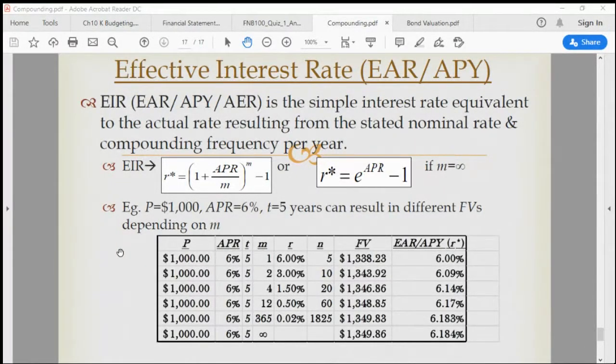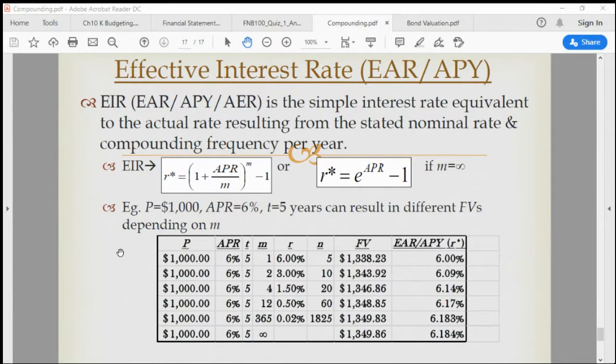Now, APY stands for annual percentage yield. And that term is as opposed to APR, annual percentage rate. So how are these two rates different? I mean, how is APY different from APR?